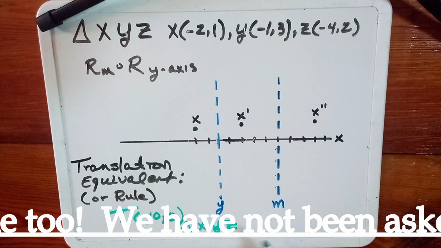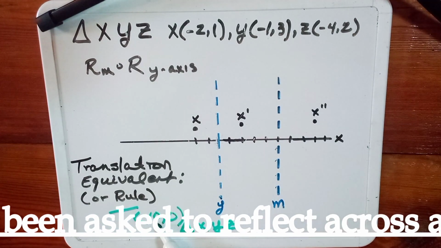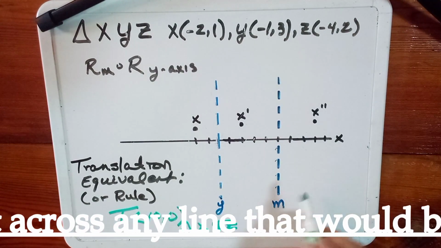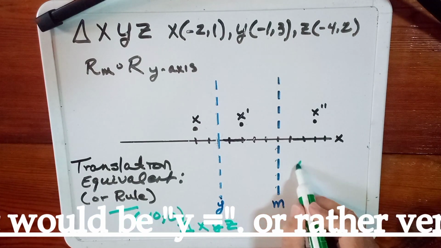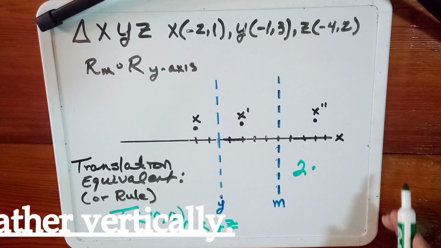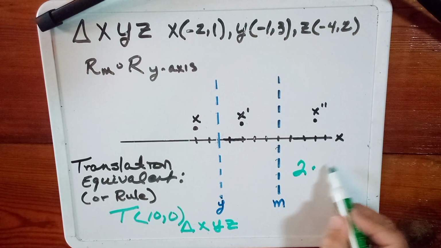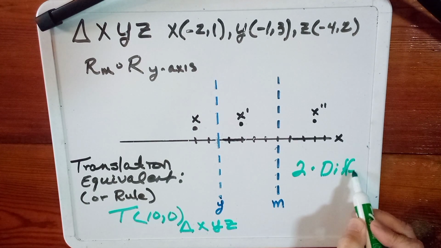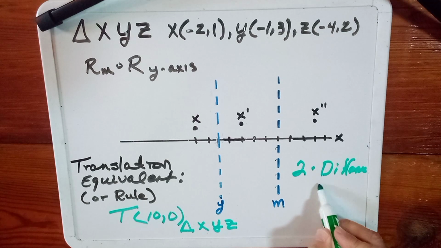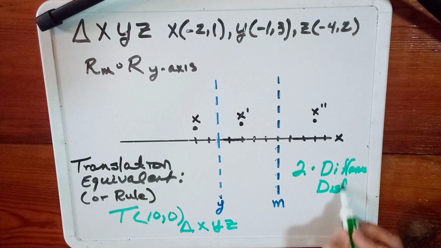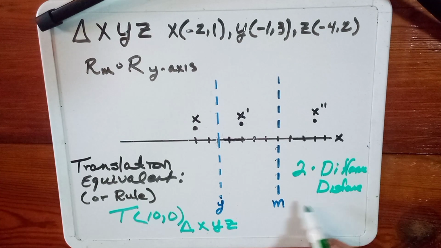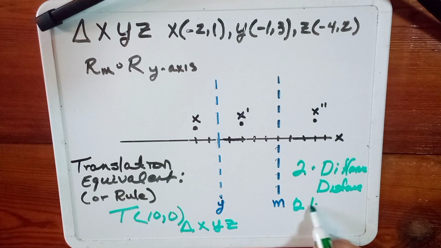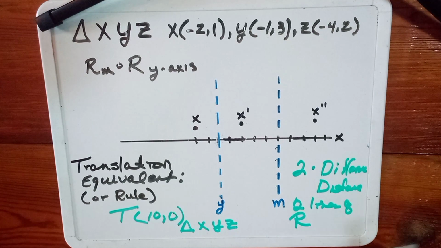You may have noticed this 10 is equivalent to 2 times the difference in distance of the 2 lines of reflection.